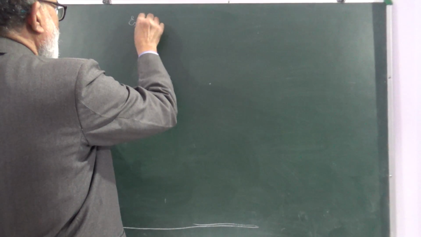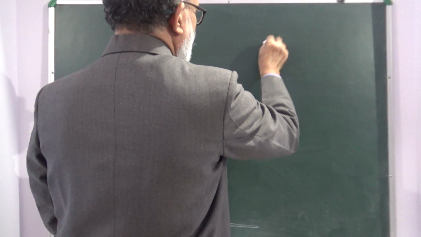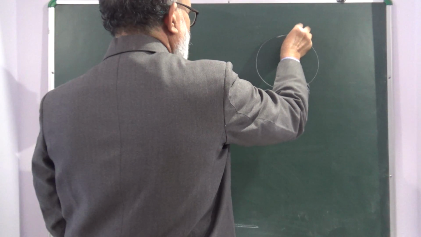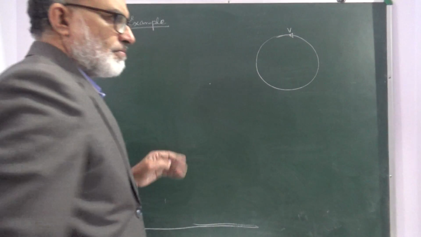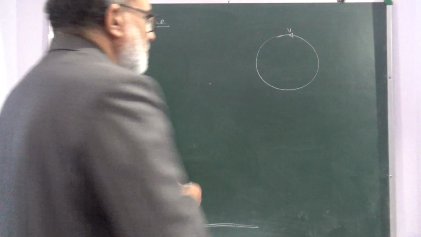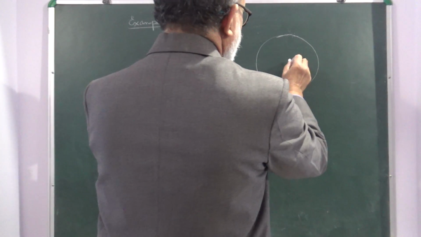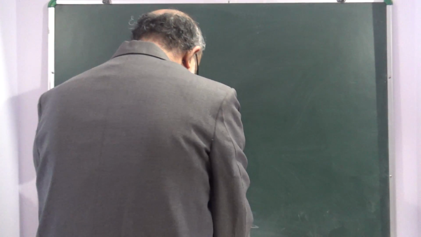Now, we take an example of rotation of, suppose, air or any fluid. Suppose a fluid or air is rotating with a certain velocity v along a circular path. The fluid is rotating like this. Okay. So what we do, take the figure.